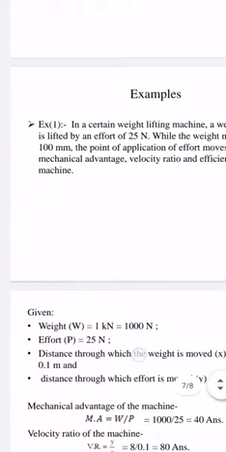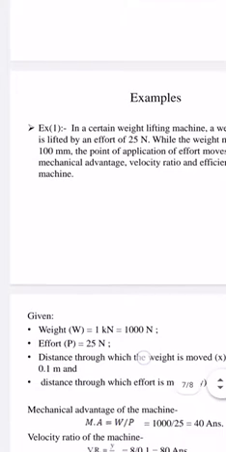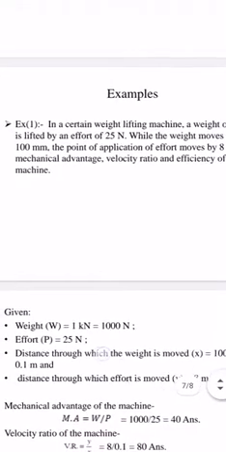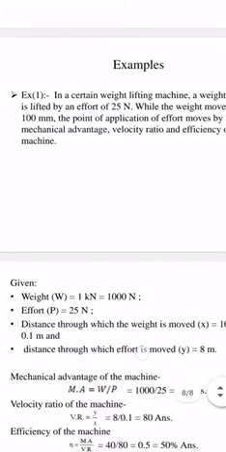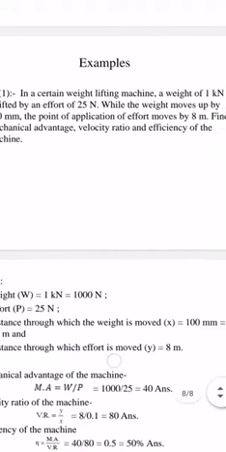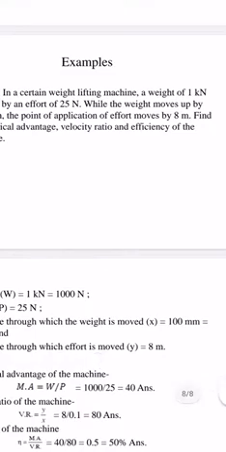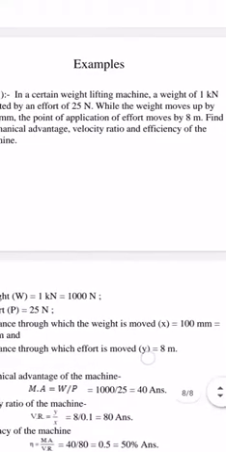So what's given: W is 1 kilonewton, and if we convert kilonewton, it is 1000 newton. You already know the conversion. Effort P is equal to 25 newton. Now the distance through which the weight is lifted means x. The x value given is 100 mm. Now we convert it to meter, which is 0.1.